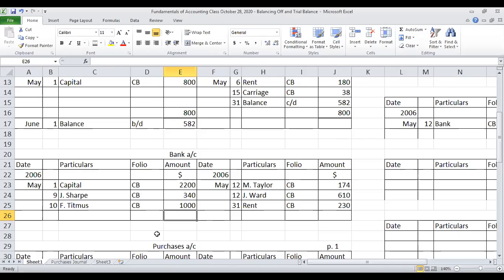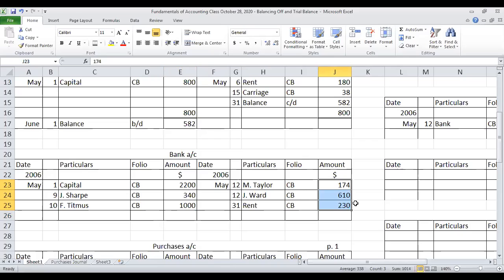Normally I say don't write anything down yet. You add it up first, and you can write the figure on a loose piece of paper. Then you add this side as well, the 174 plus 610 plus 230.